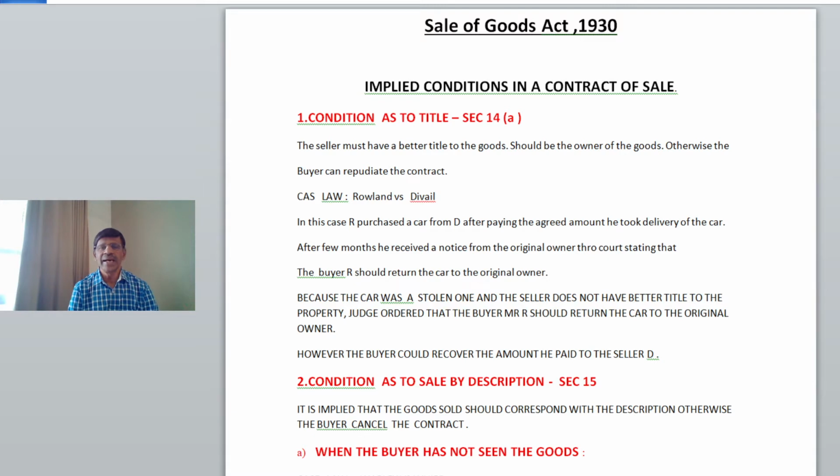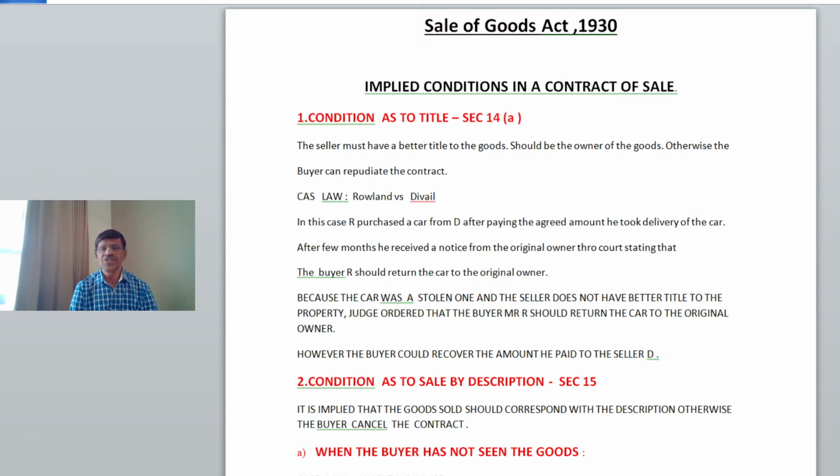It was held that since the car was a stolen one and the seller who sold the car does not have a better title to the goods, therefore the buyer should return the car to the original owner. However, he can recover the amount he has paid to the seller.